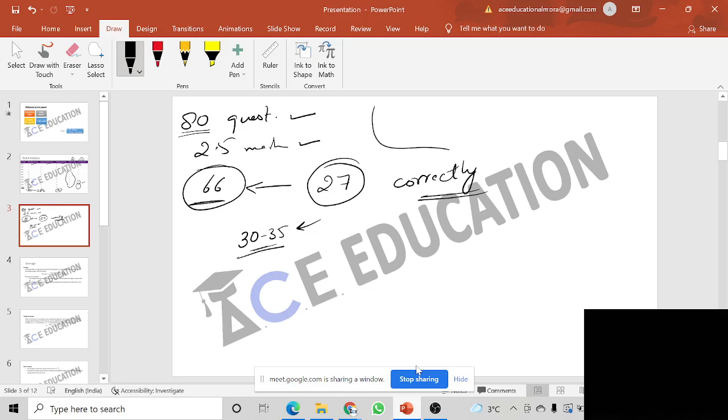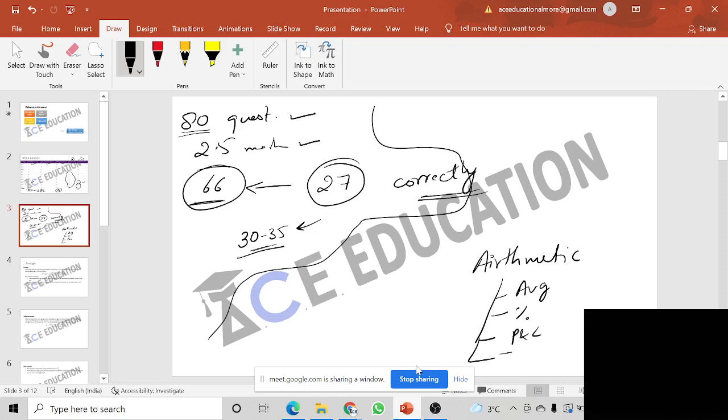Alright, so if I directly jump to quants, I was seeing the papers over the last few years, and the maximum amount of questions come from arithmetic. In arithmetic, primarily I was seeing average, percentage, and the rest, profit and loss, a little bit of time and speed, these kinds of things.